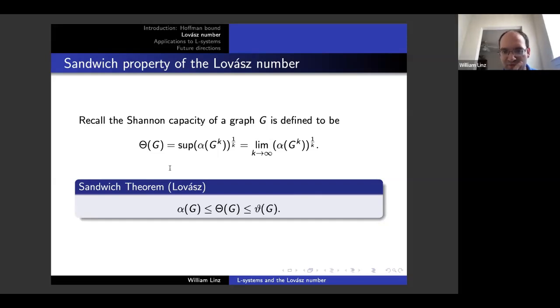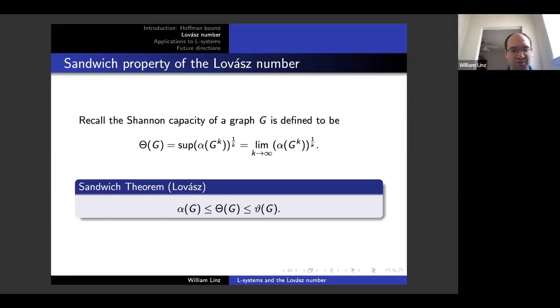You might recall the definition of the Shannon capacity of a graph. I'm looking at the independence number of the strong product of a graph with itself k times, raising that to the power 1 over k, and taking the limit. That is equal to the Shannon capacity. This comes up in communication complexity, as the name Shannon capacity might suggest.